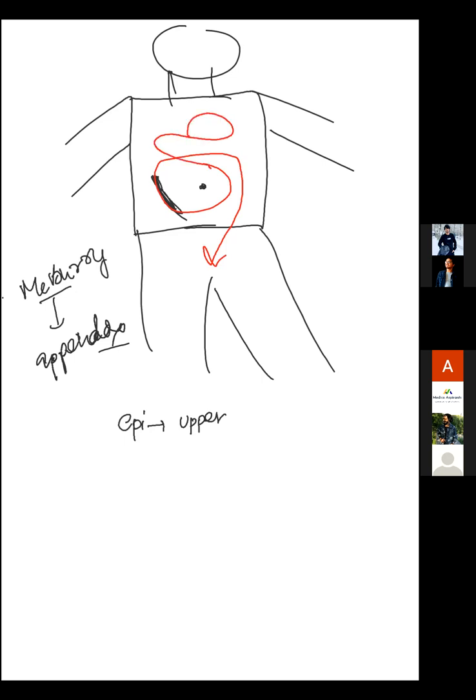Start from this. I know it looks a little bit complicated, so let me make it simple. Start a line from here, go to the stomach, fill it, and make an arrow, and it is crossing.